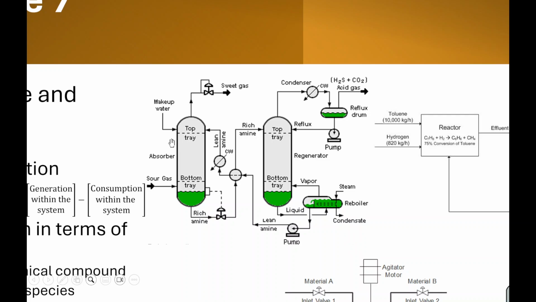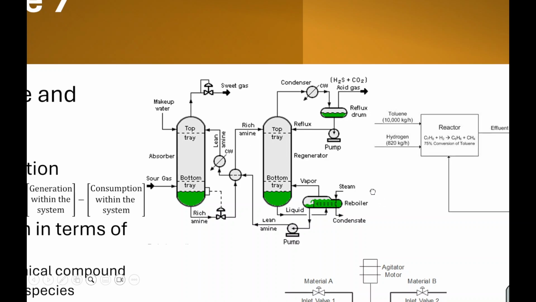So this is basically a series of processes, and this flow sheet tells us which stream is doing what and how these processes are connecting.